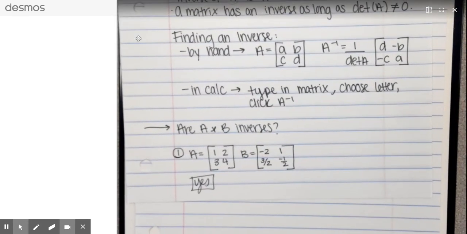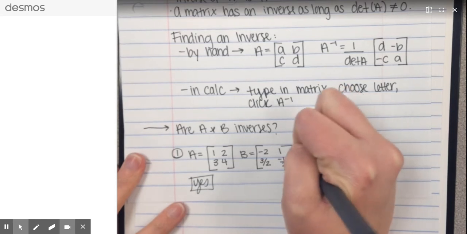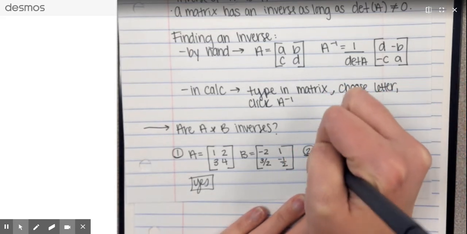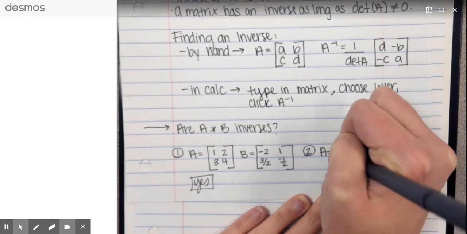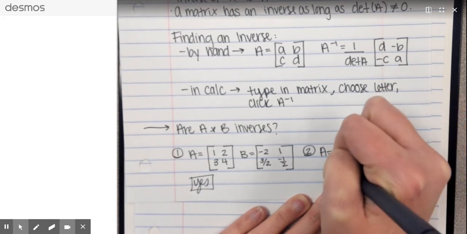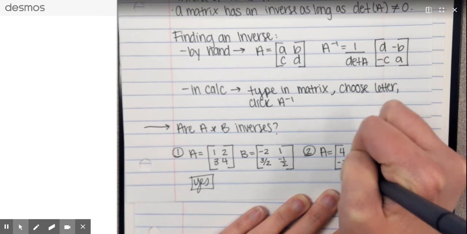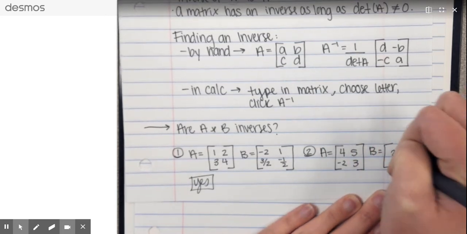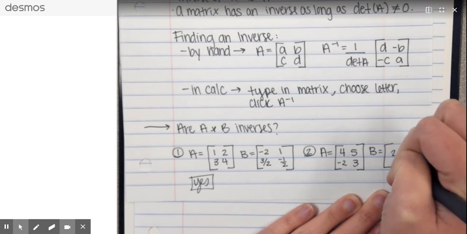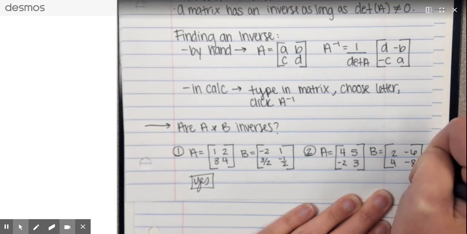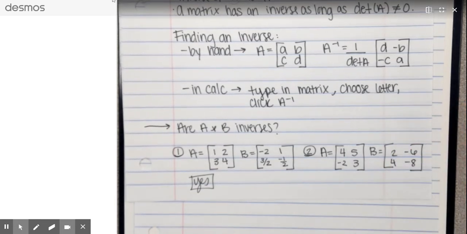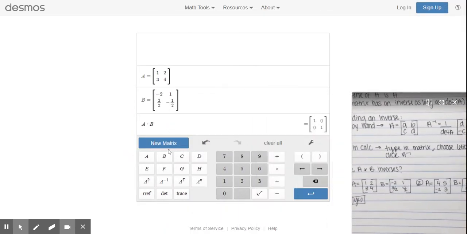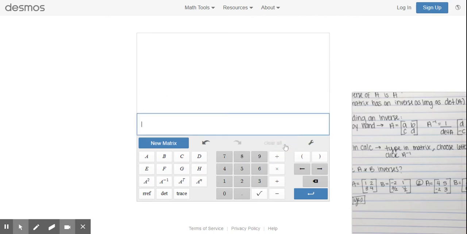All right. Now we're going to do the same thing with another one. So for number 2, I'm going to give you A equals 4, 5, -2, 3. And B is 2, -6, 4, -8. Okay, so again, we'll go to our matrix calculator and we'll clear it all out.